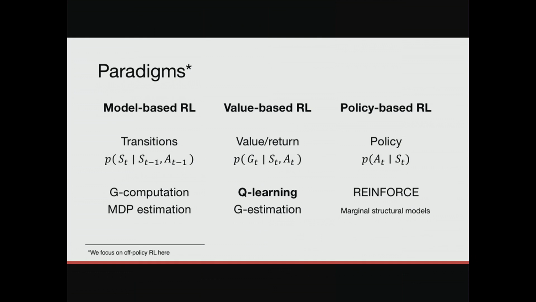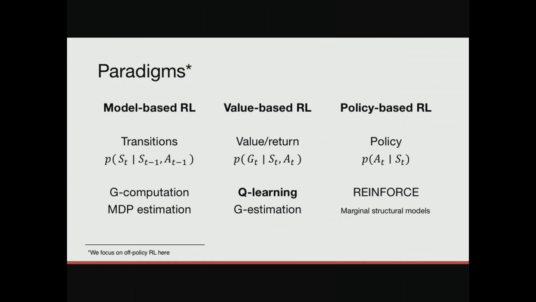Unsurprisingly, model-based RL has some sort of model in it at least. And what you mean by model in this case is a model of the transitions. So what state will I end up in given the action in the state I'm in at the moment? Model-based RL tries to essentially create a model of the environment.